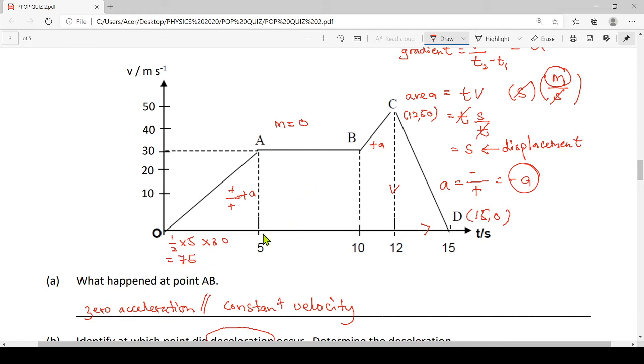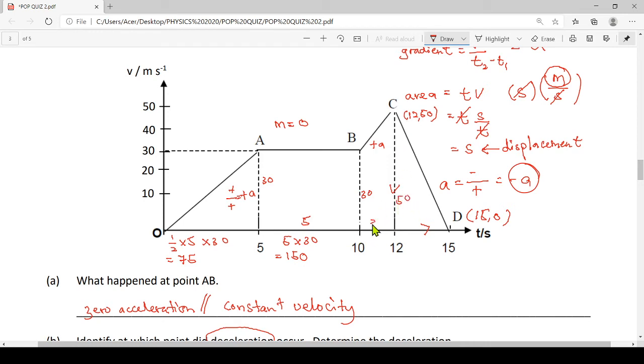Now next one, from here to here is 5. The height here is 30. So the area here is 5 times 30. So that is 150. And then here I have a trapezium, correct? Trapezium, the length of this line is 30, and then this one here is 50.